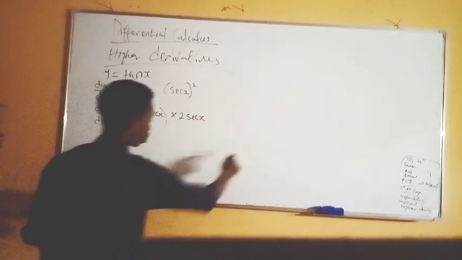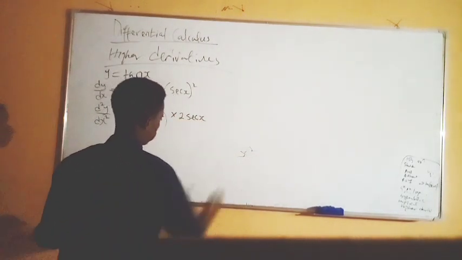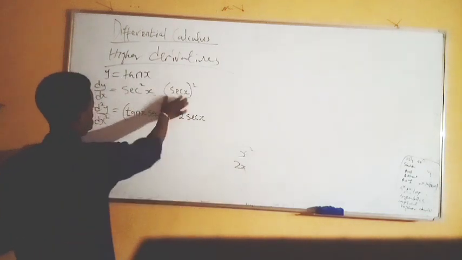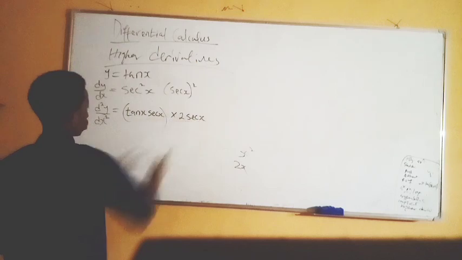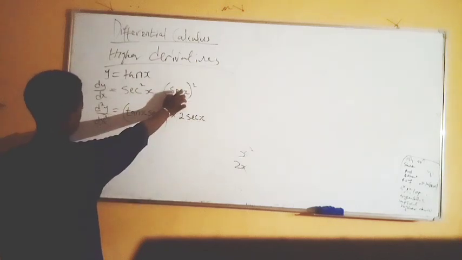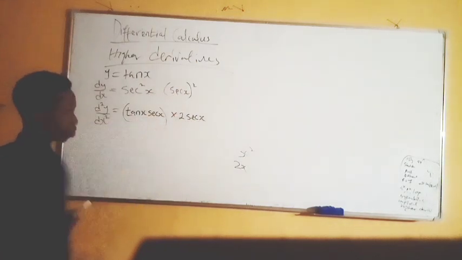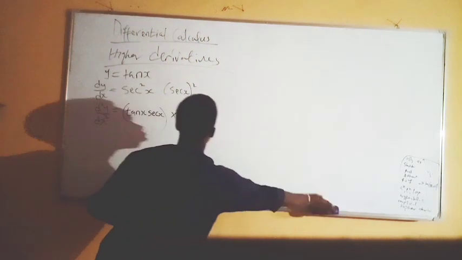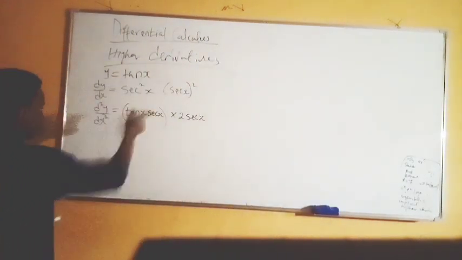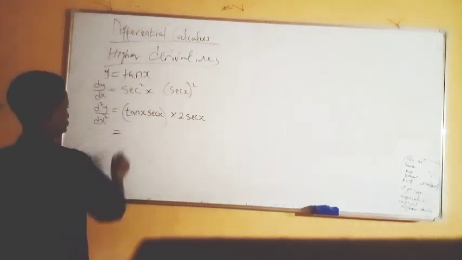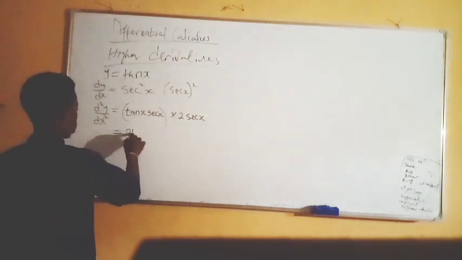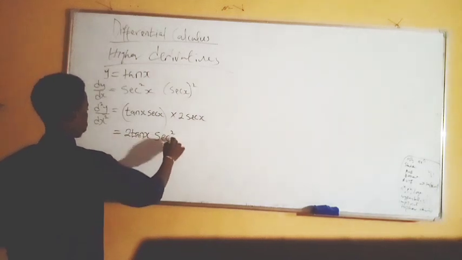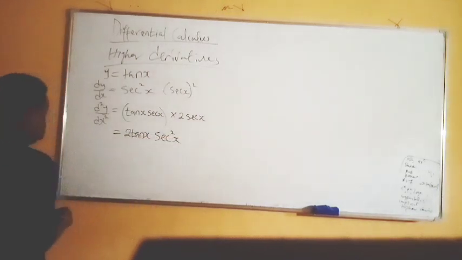Remember, if we differentiate x squared, I get 2x. Then I differentiate the function inside, which we get from our standard derivatives. If we multiply it, we get 2 tan x sec squared x.